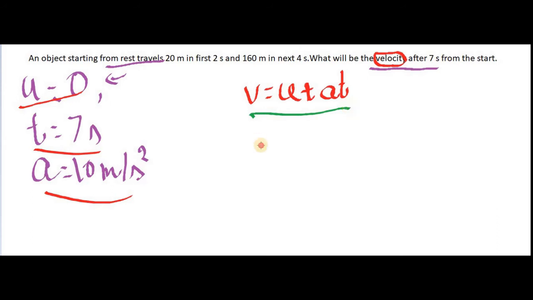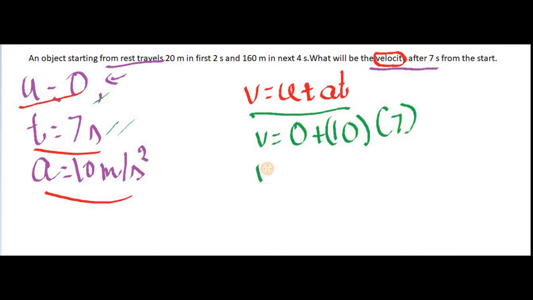v is equal to u, that is 0 here, plus what is a? It's 10 meter per second square, so 10, and t is 7 seconds, so 7. Then v would be, what is 10 into 7? It's nothing but 70.